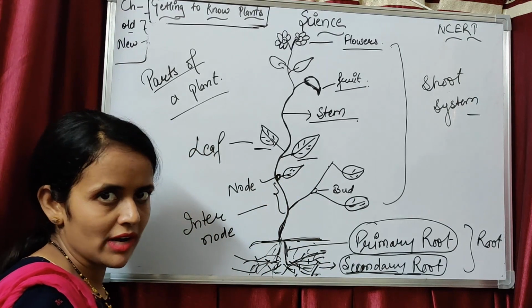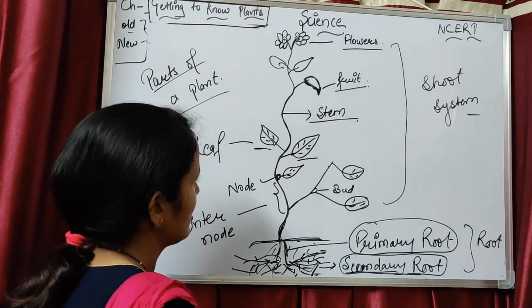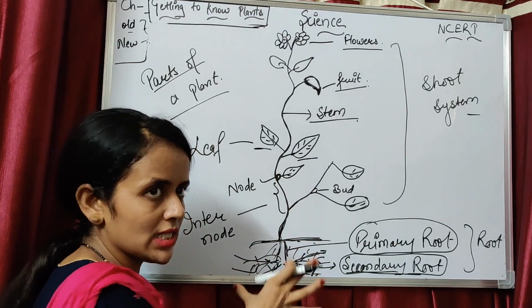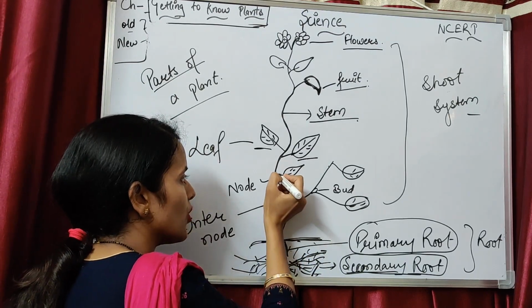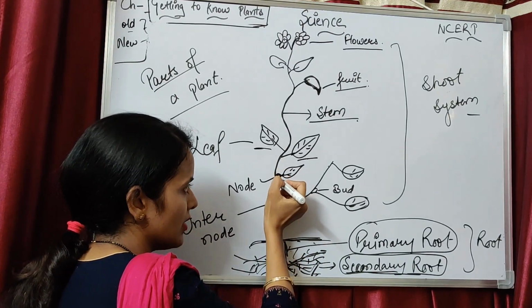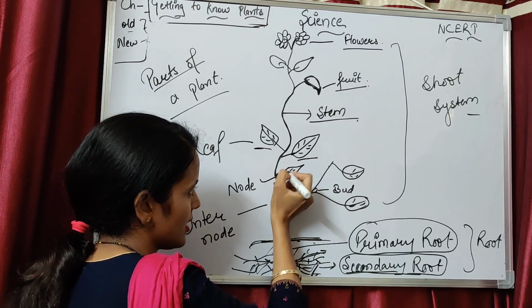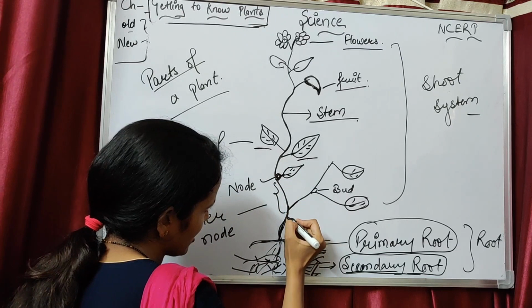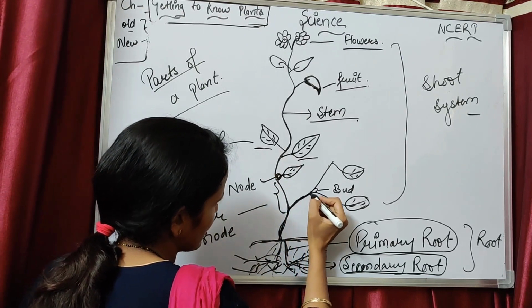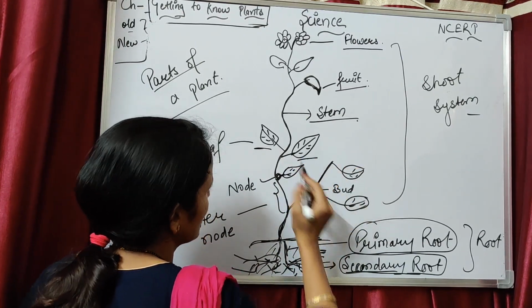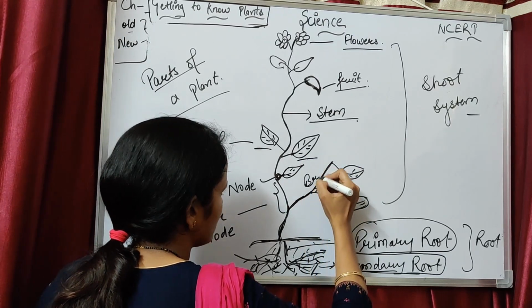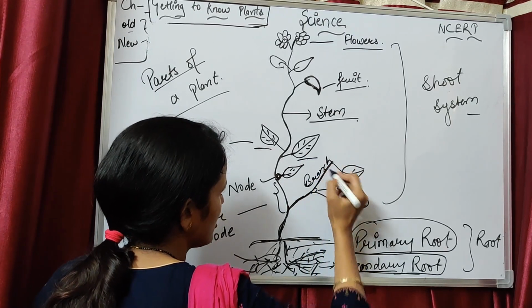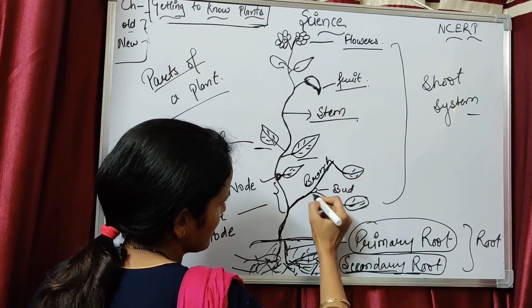I will explain each and every part further in this chapter. Firstly, understand which part is known as what. This is the node. A new leaf starts here, at a node. Then this is a new branch. These are branches also, new branches having new leaves.